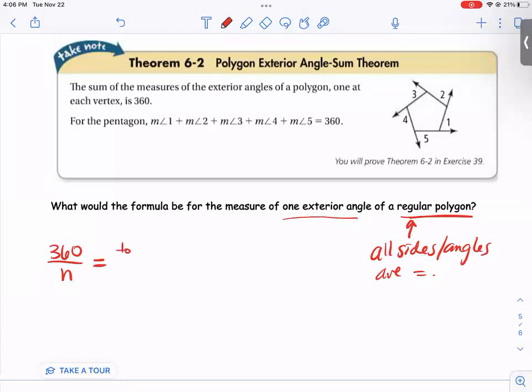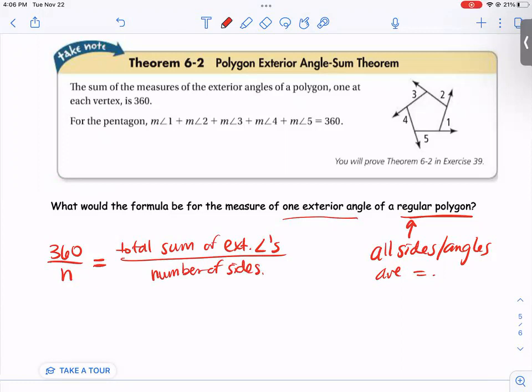So 360 is going to be the total sum of the exterior angles, and if we divide that by n, which is the number of sides, we can get the value for an exterior angle.